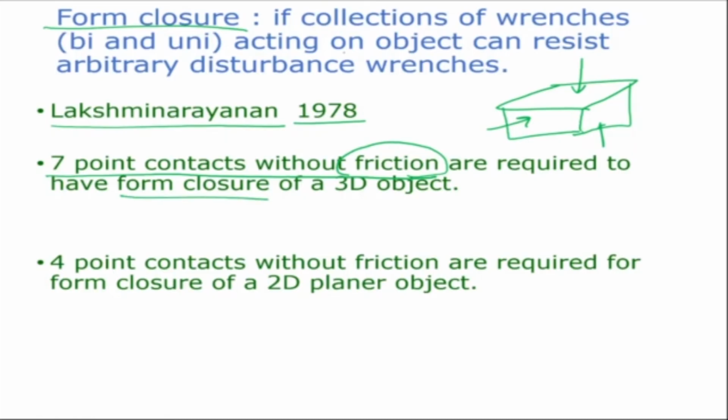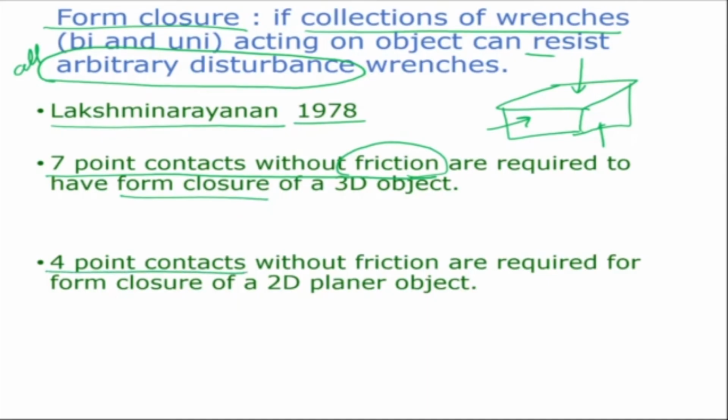It is if the collection of wrenches, or forces and moments, applied by the fingertips acting on the object can resist arbitrary disturbances, or all disturbances can be rejected. In such a case, we say it is under form closure. He proved that 7-point contacts without friction are required for form closure of a 3D object, and 4-point contacts are required in case of a 2D object.